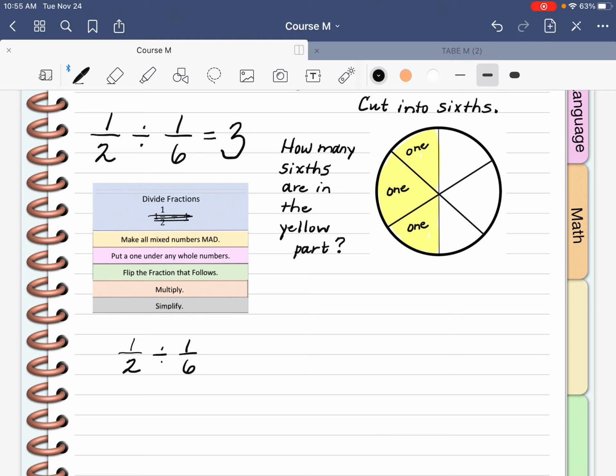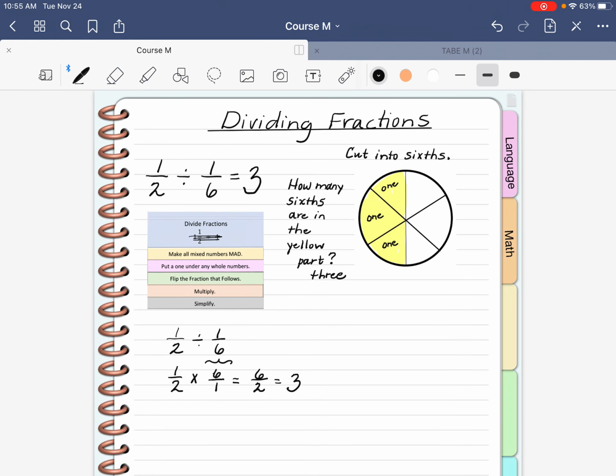There are no mixed numbers. Put a 1 under any whole numbers. There are no whole numbers. Flip the fraction that follows. Multiply. Top times top, bottom times bottom, and simplify. And sure enough, there are 3 of those pieces in that overlap.